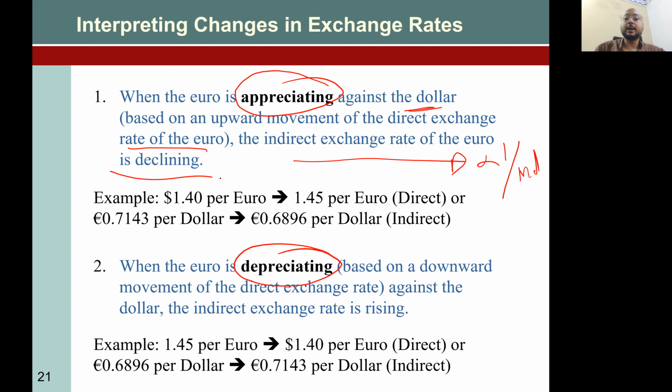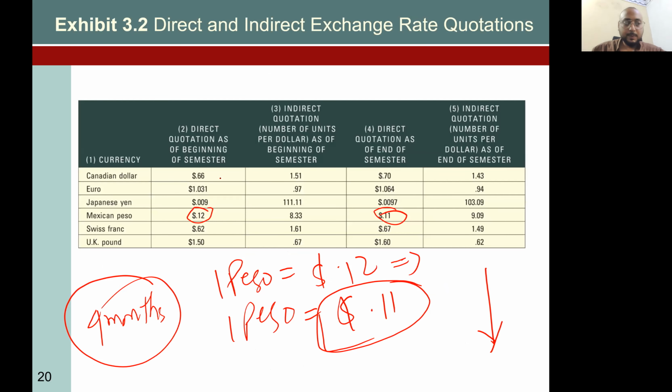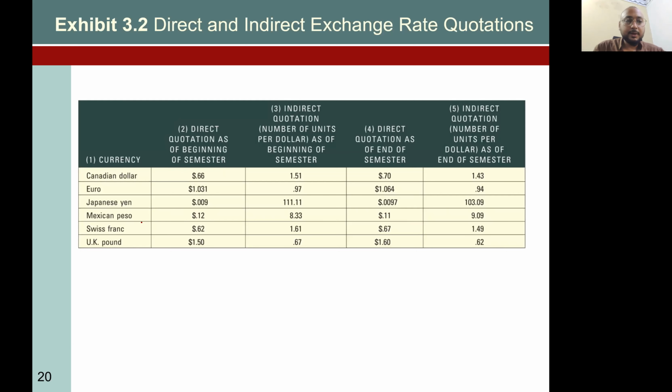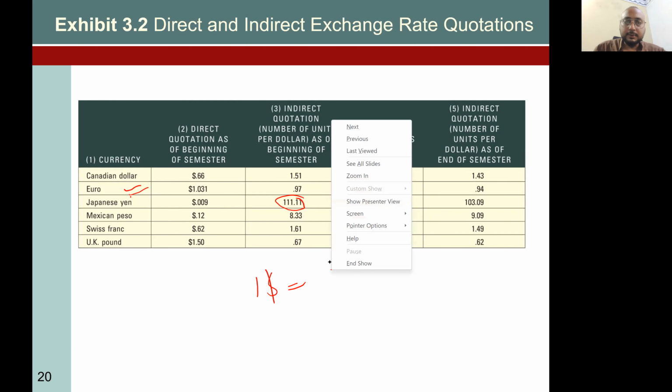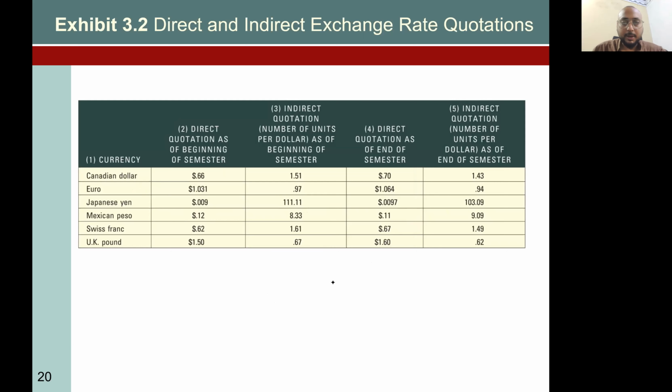So if you want to see that, where is the euro here? You have a euro here. Look at the indirect situation here. So $1 is equal to... euro. Yes, not this, this is yen. Sorry, my bad.